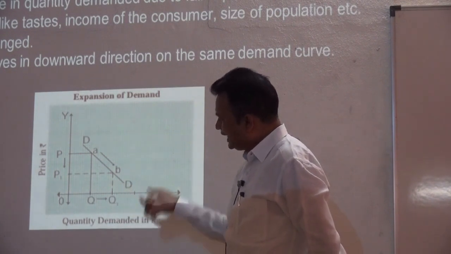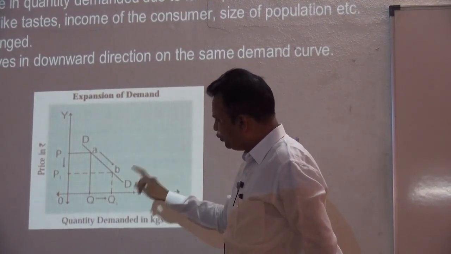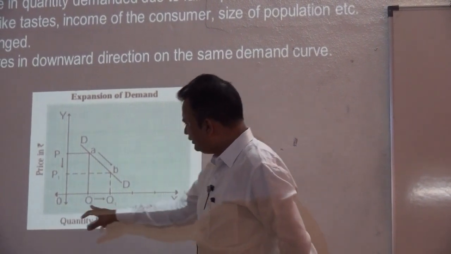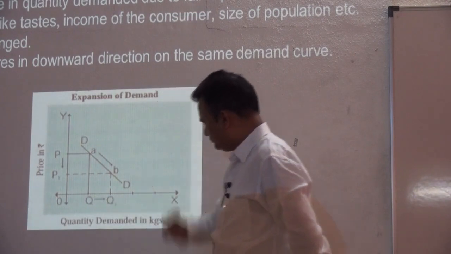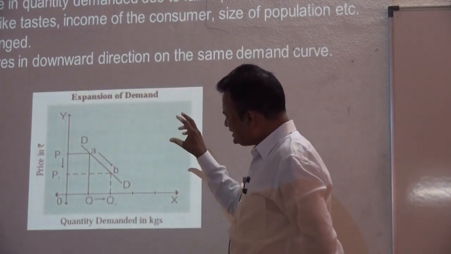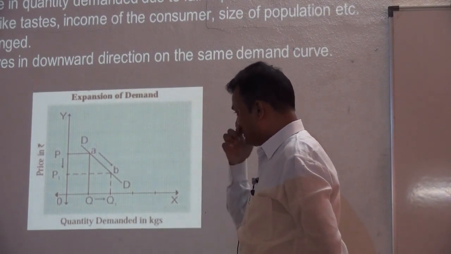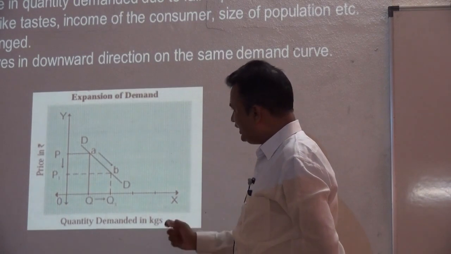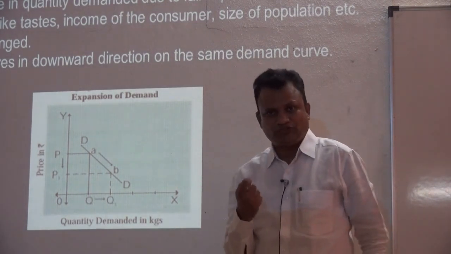As the price falls from OP to OP1, demand increases from OQ to OQ1. It is happening just due to a fall in price. So we can say that due to a fall in price alone, if demand rises, there is said to be expansion of demand.